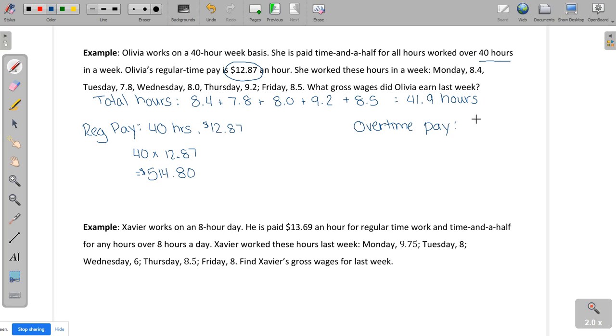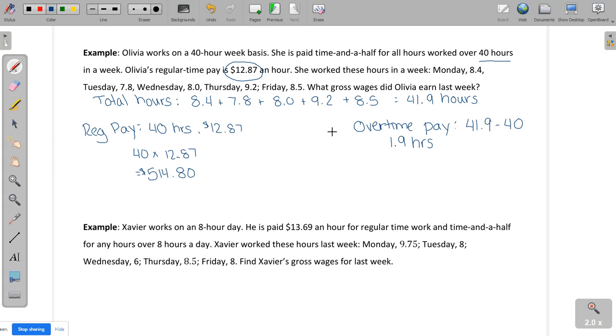Overtime. We need to figure out how many hours she worked overtime. So we're going to take our total hours and subtract our 40-hour week. So she worked 1.9 hours overtime. We also need to find her pay rate.